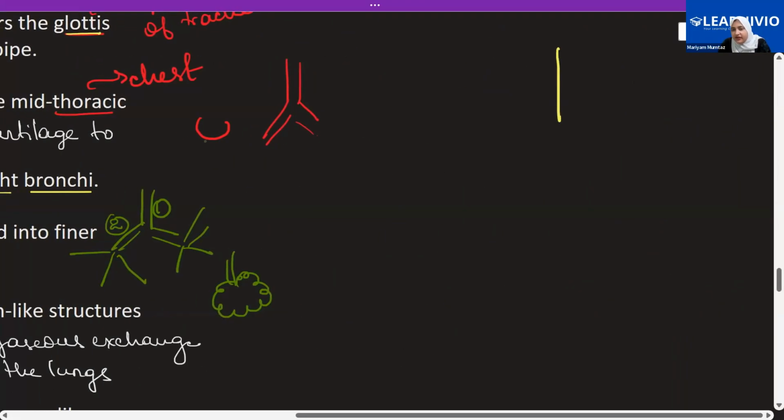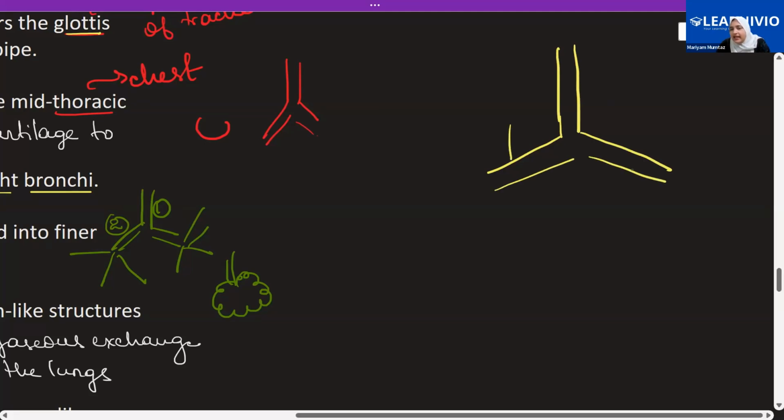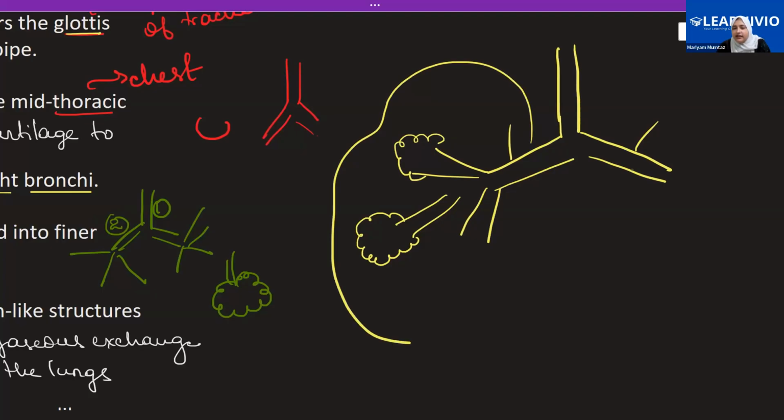For example, if this is the trachea, once it divides, it has to go into the two lungs. This and this division are called the left and the right bronchi. Further, it is going to divide more like that, and ultimately it will end with the alveoli. And all this is present in the lungs.